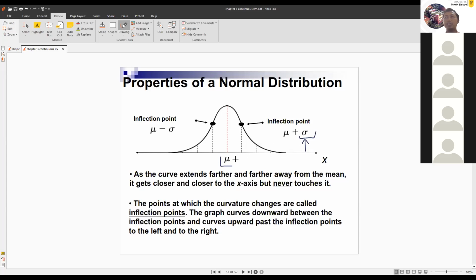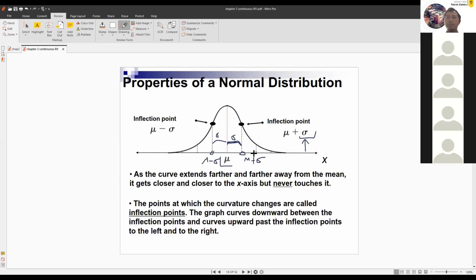By formula, this point is equal to mu plus standard deviation. For the left side it is mu minus standard deviation. So the width here is equal to 1 standard deviation.